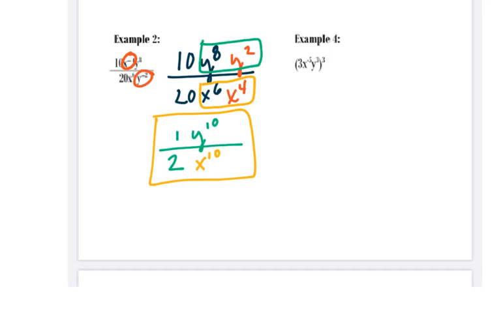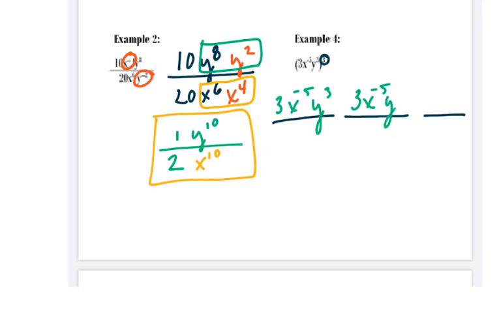One more. In example 4, we've got a 3 on the outside. So I'm going to draw my 3 blanks, just like we did last week. And I'm putting this on my blanks. Whatever was inside is what goes on your blanks.